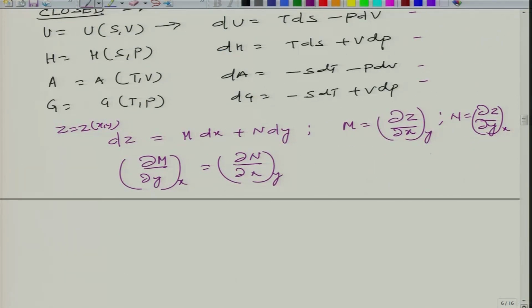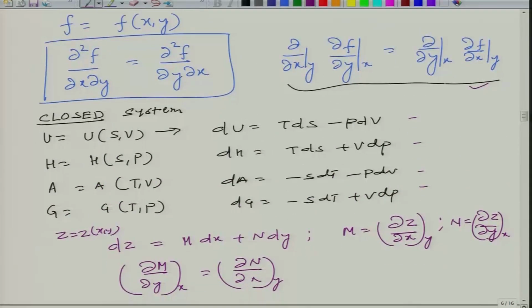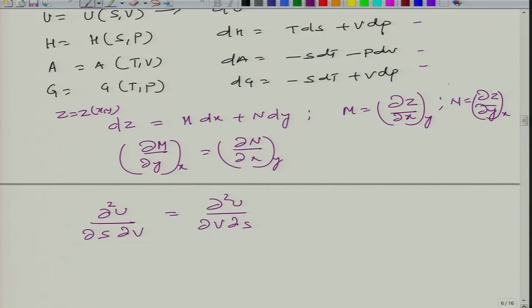Let us consider the case of u. What we are going to have here is del square u divided by del s del v is nothing but del square u by del v del s. Whether you consider it in this form or in this mathematical relation, you can apply this and you get the first relation.